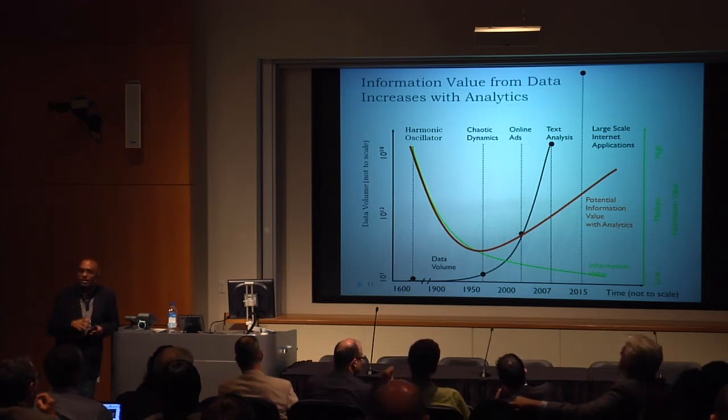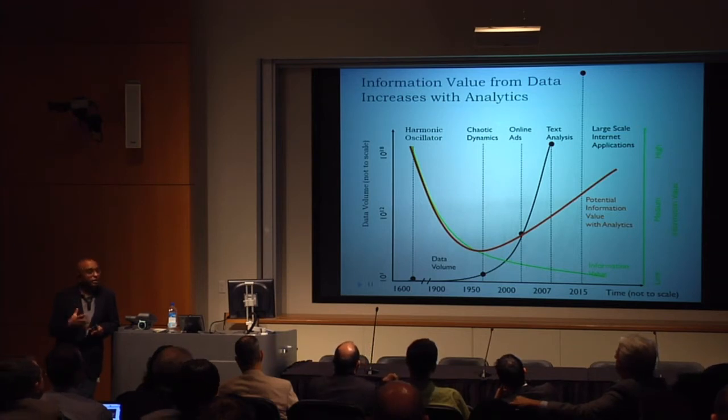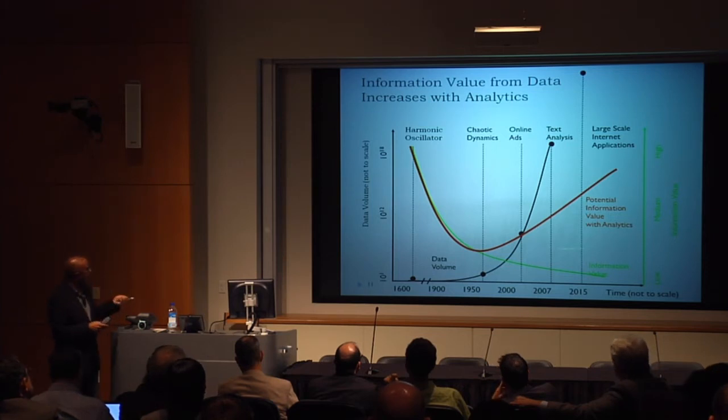It was a tremendous discovery. It changed the way we know physics and the way we appreciate how the planets move around in the solar system. But how much data did he have? Very little. He was down at this end of the spectrum. Very little data, but tremendous insight garnered from that data.